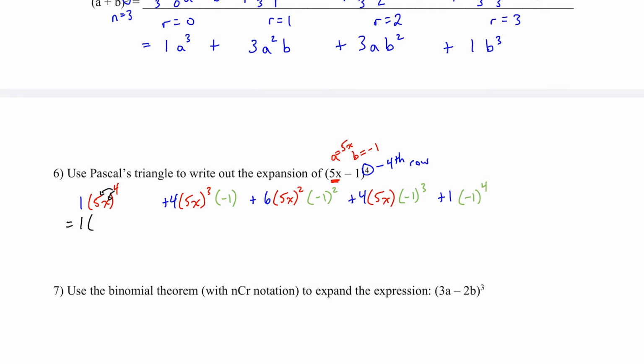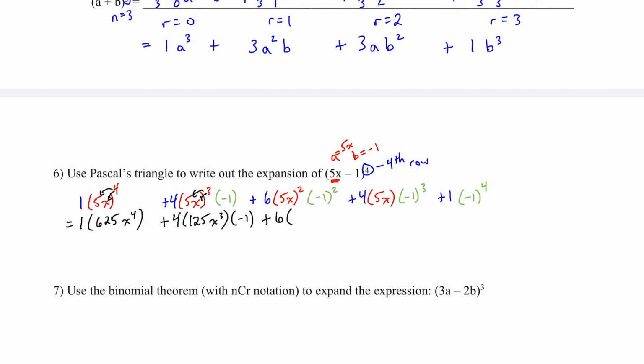Okay, so 5 to the power of 4 is 625, and x to the power of 4 is just x to the power of 4, plus 4 times 5 to the power of 3, which is 125, and x to the power of 3, and we have negative 1.